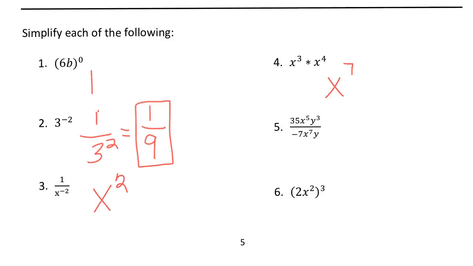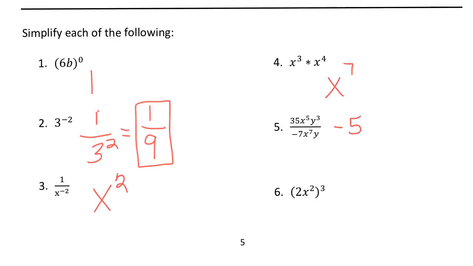In number 5, we're going to take care of a couple of different exponent laws all at the same time. So when we take a look at our coefficients, we have 35 in front of x to the 5th y cubed and negative 7 in front of x to the 7th y. So your coefficients, those will follow the same rules as always. So 35 divided by negative 7 is a negative 5.